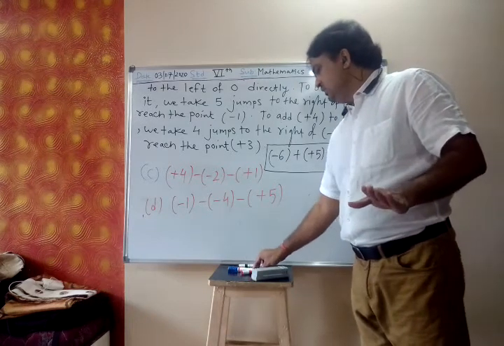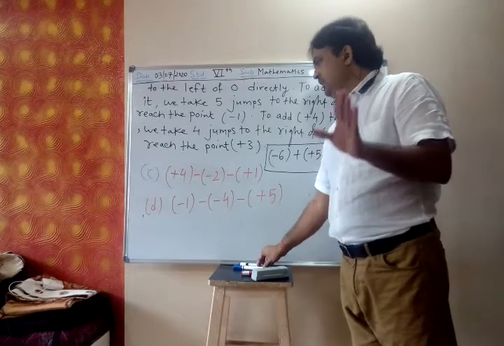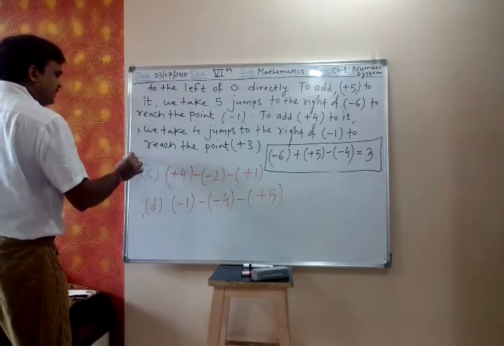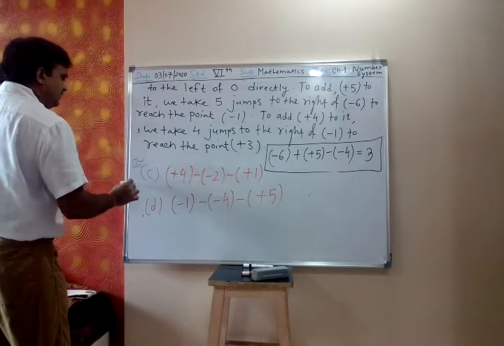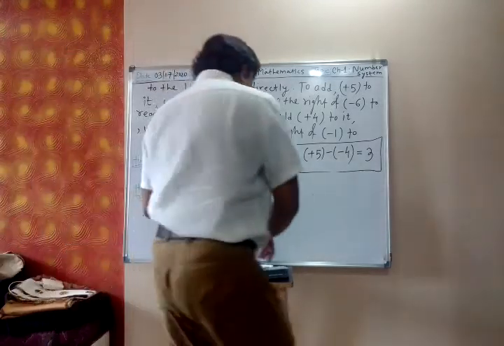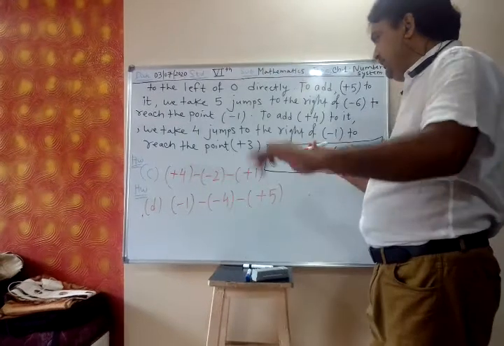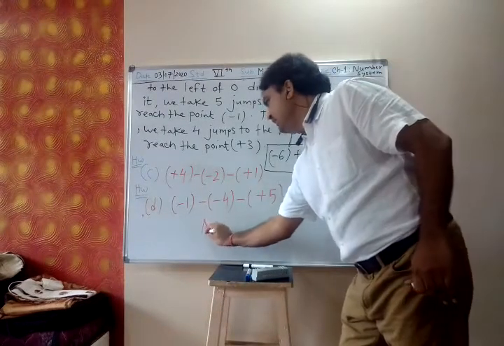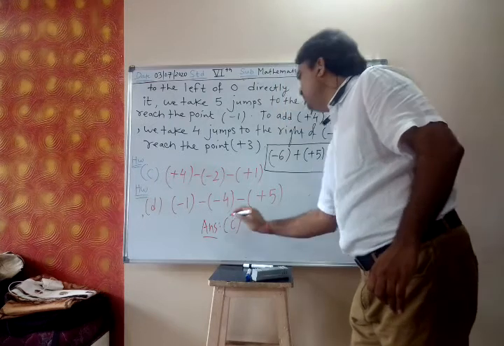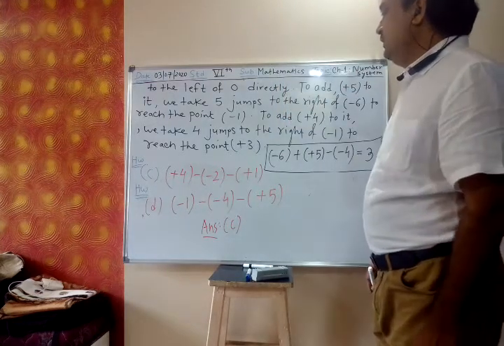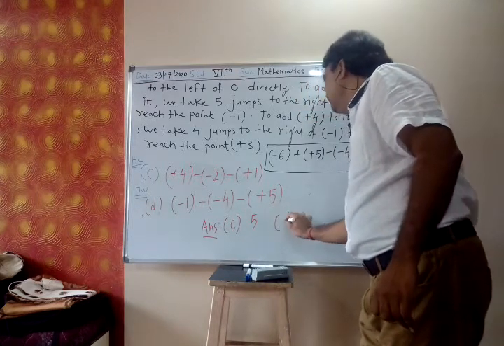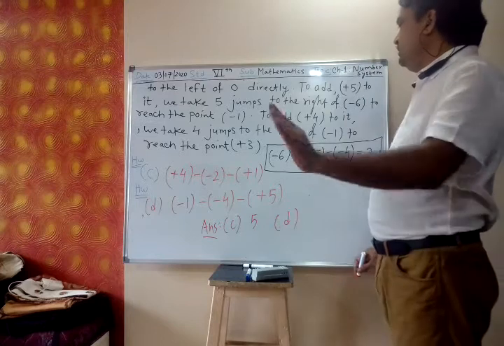See here, both I am giving as homework. C and D will be homework. A and B I have done. C and D you have to do. I am giving the answer of C so that you can cross verify your answer. Answer of C is plus 5.